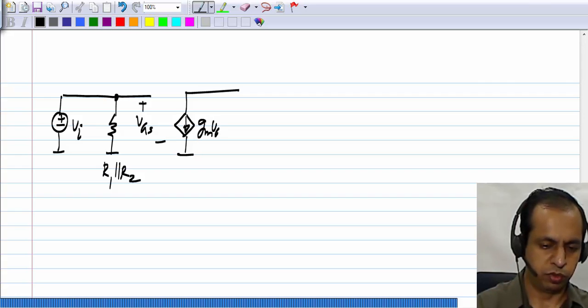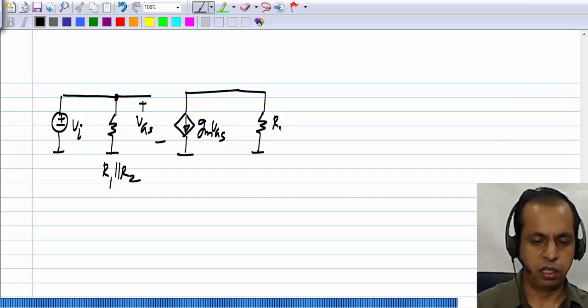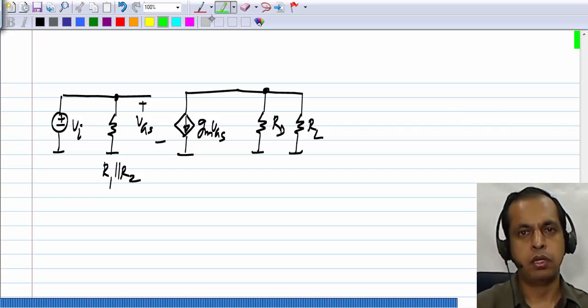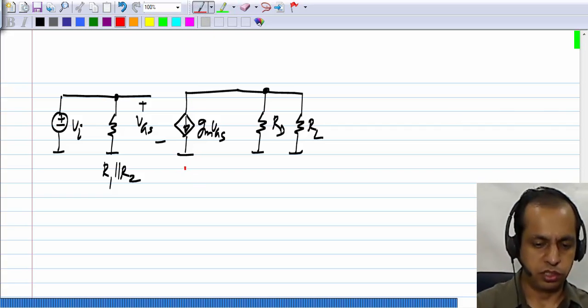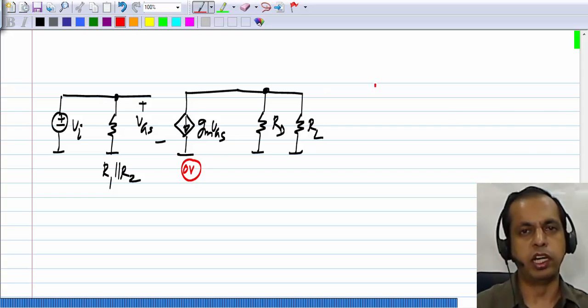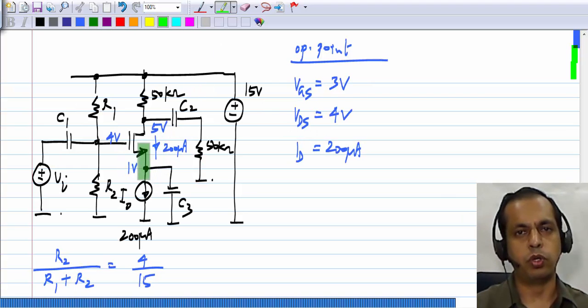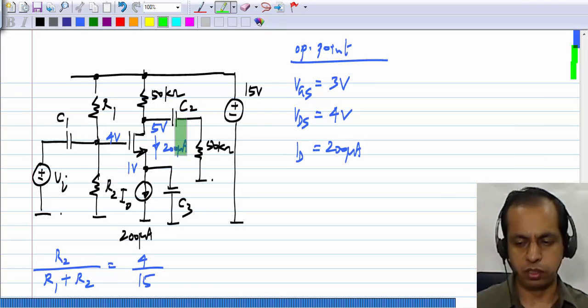We have GM VGS and RD and RL. In the incremental picture, the source is at 0 volts. That is, the incremental source voltage is 0, which means that the source voltage does not change at all. At the operating point, it was at 1 volt. The increment is 0, so it will remain at 1 volt.